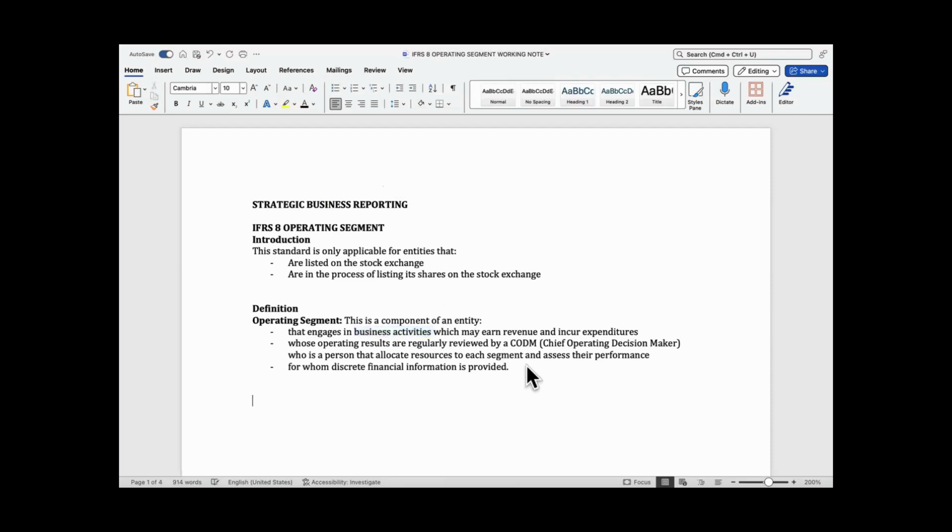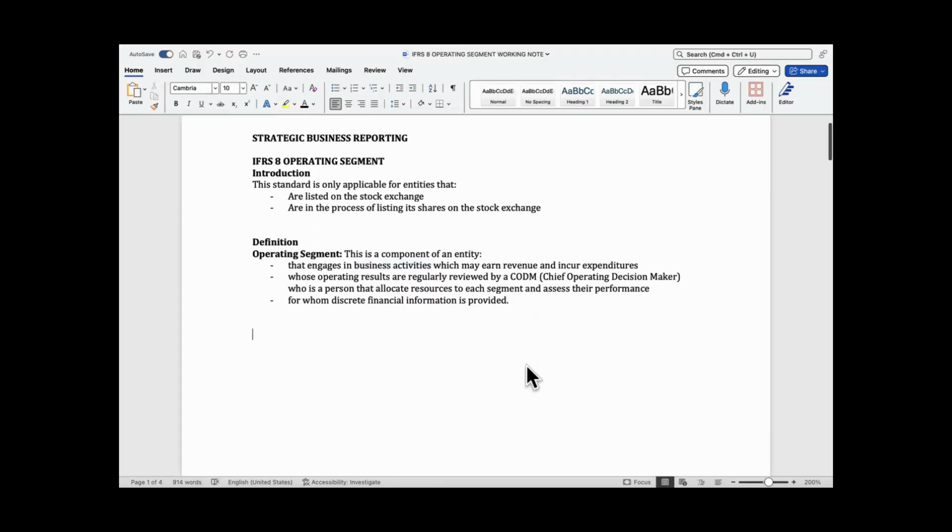Now, having understood what an operating segment is, then we can move on to reportable segments. Reportable segments. So it is on the basis of a reportable segment that we will prepare segment information.